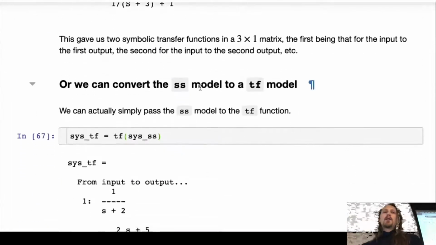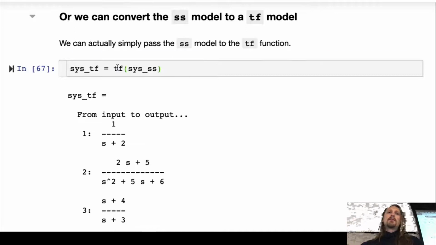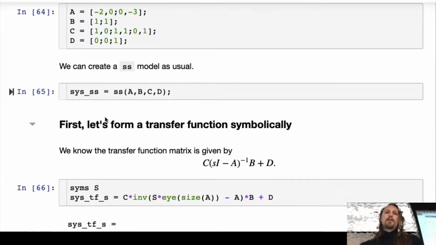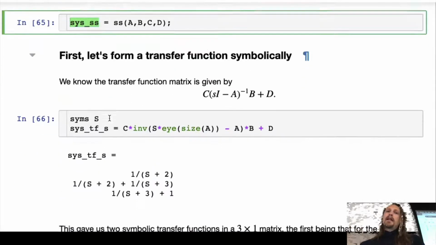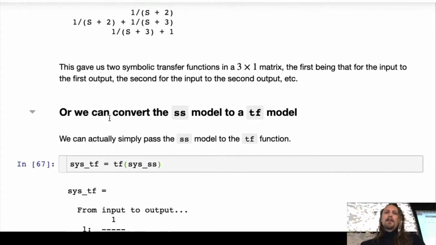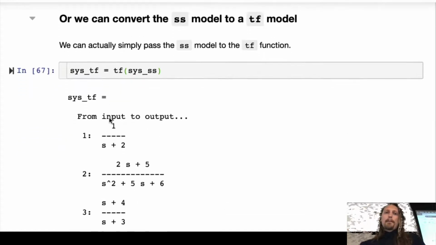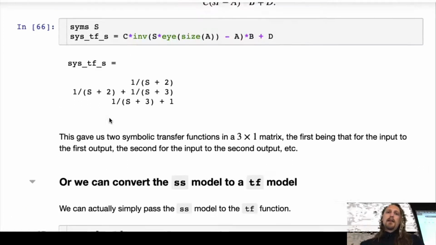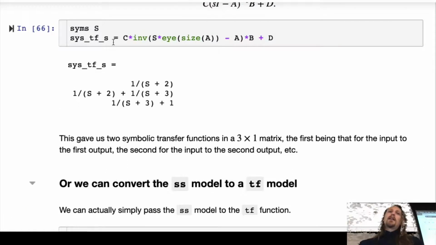We're going to just use the TF function. Same process, but we're getting slightly different results. The result is going to come out equivalent mathematically. So if we did the inverse Laplace transform, they should come out the same? Correct. Okay. Yeah. I got confused when I saw them, they're separate.